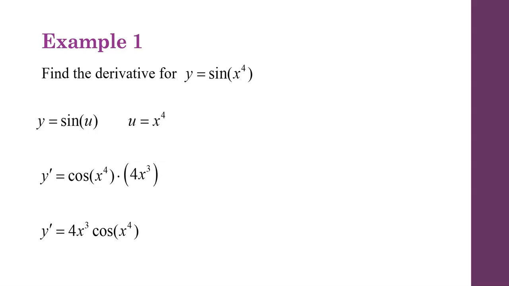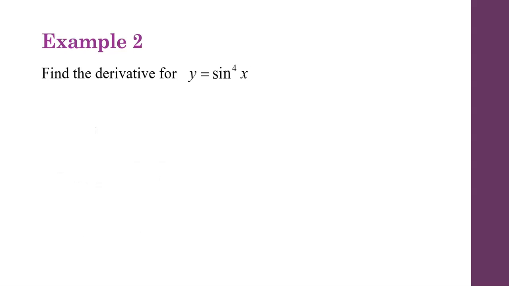Okay, so next we'll look at this slightly different looking function, sine to the fourth of x. Right, so notice in this case the 4 is the exponent on the sine, not on the x. So recall that saying sine to the fourth of x is the same as saying sine of x quantity to the fourth power.